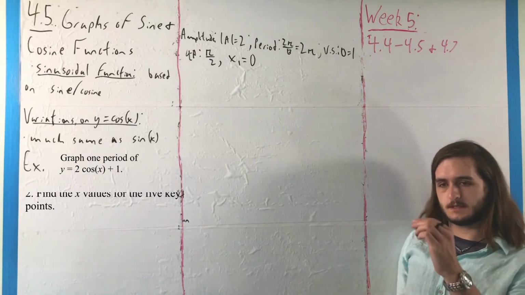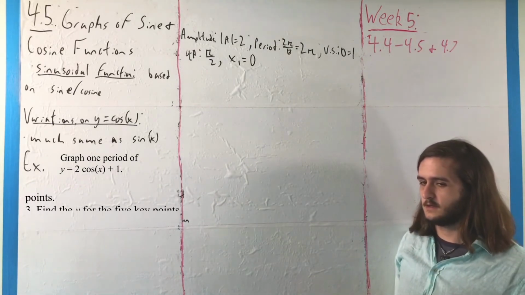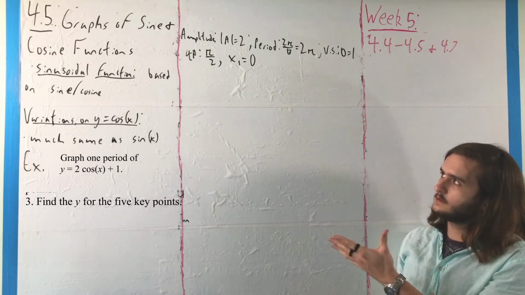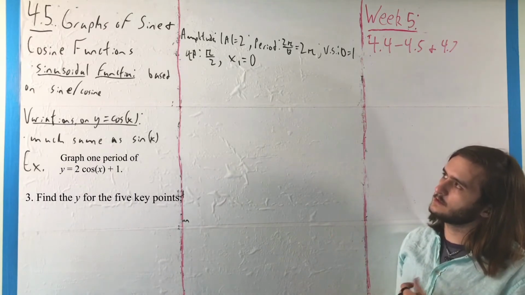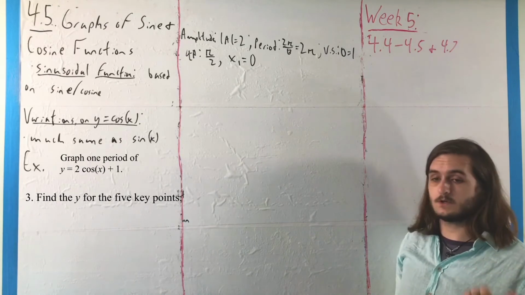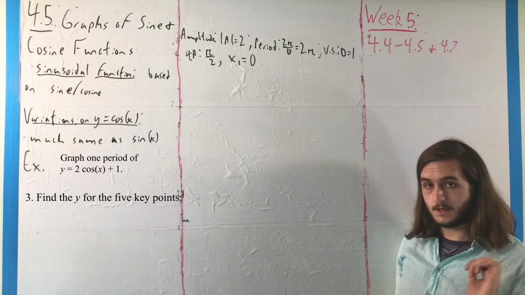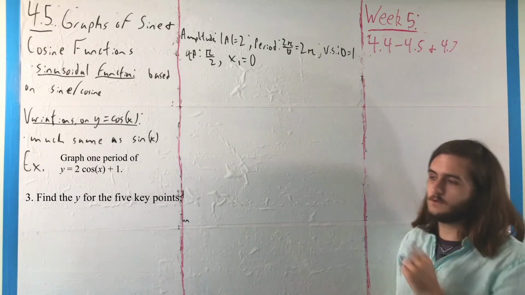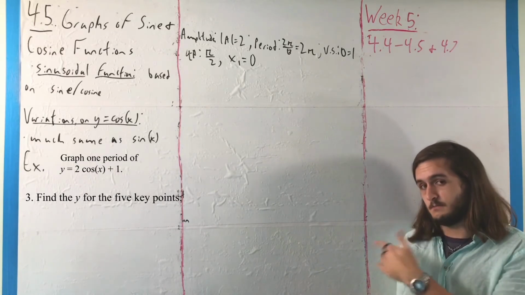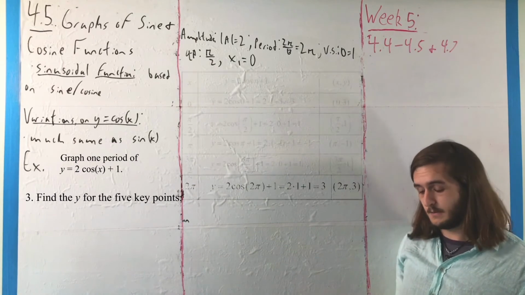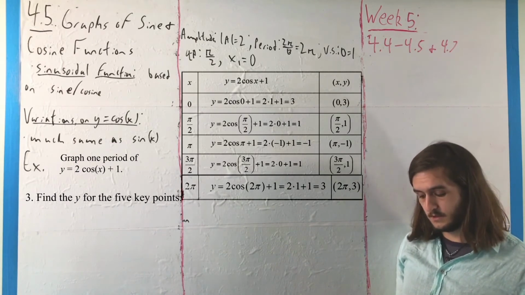And because of this, I'm going to skip a little bit past step 2, because all 5 of those points will be the same as they were in the first. They're going to be 0, pi halves, pi, 3 pi over 2, and 2 pi. And we're going to move on to step 3 to actually make that table of all of our values.